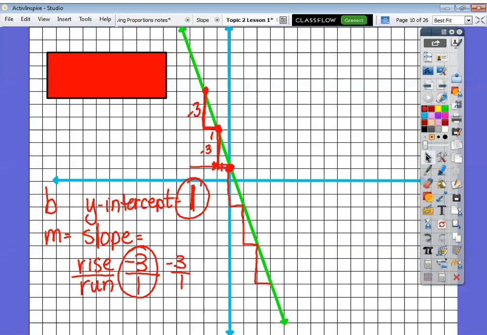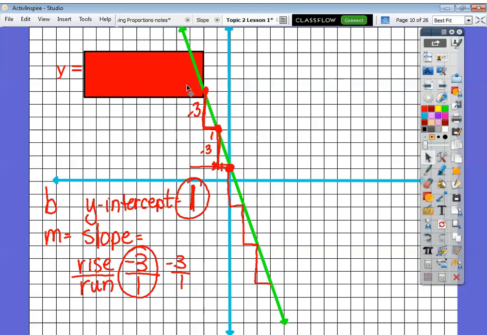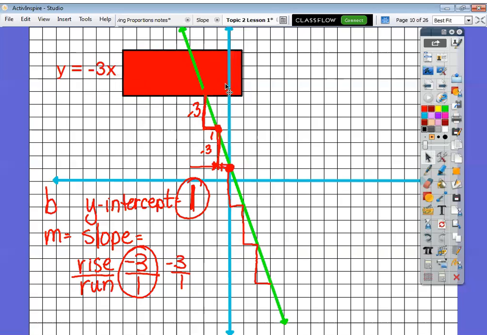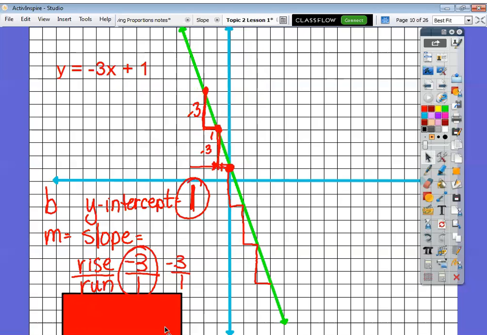All I'm going to do is plug it into this equation. So y equals, here comes the m, -3x plus my y-intercept of 1. Okay, so there's the equation that goes with that line.